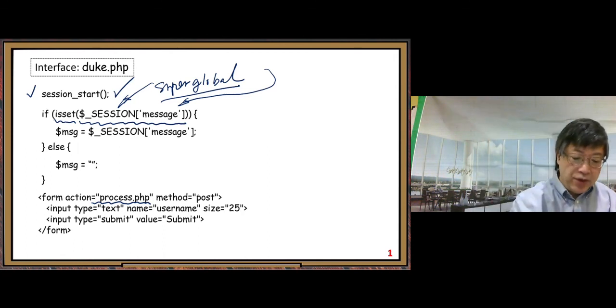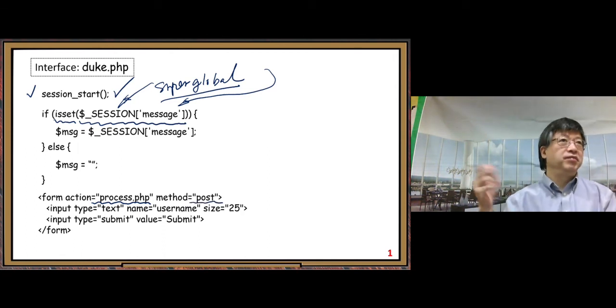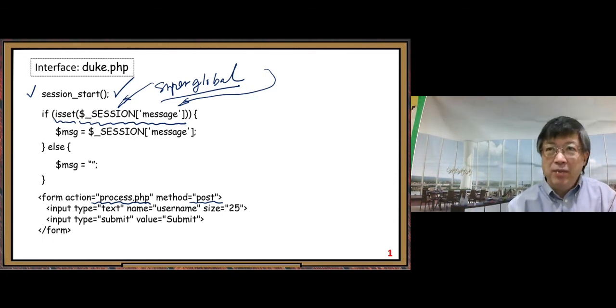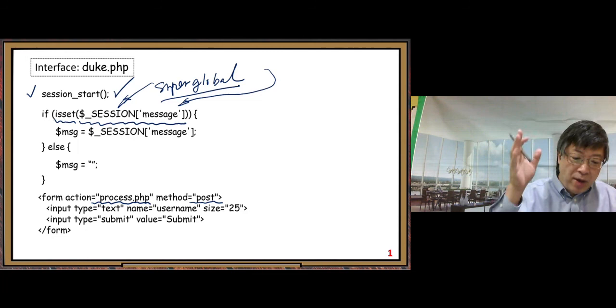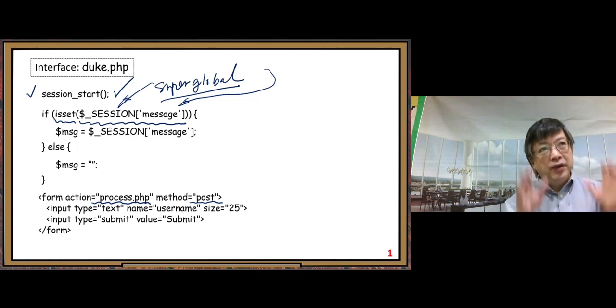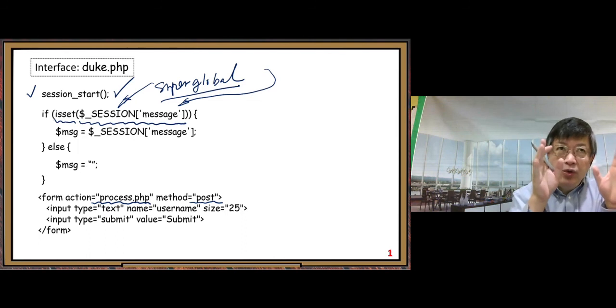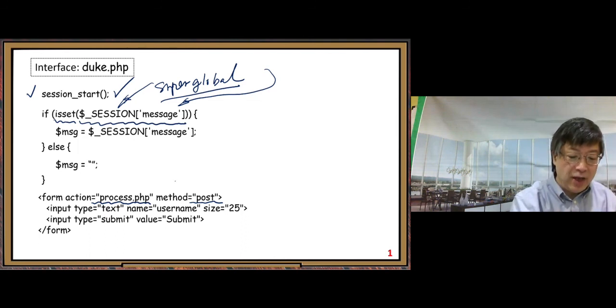We use the post method. You know why we use the post method, right? We talked about that before. Here we use the post method. The data we send, we send it as an HTTP request parameter.